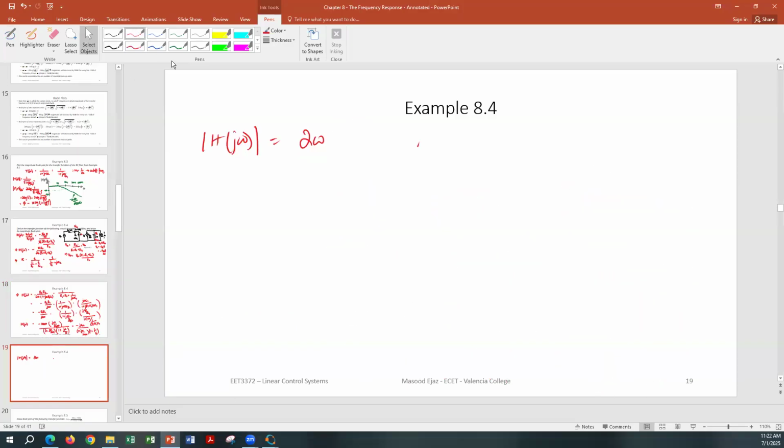So divided by, I'm going to put down the 10 first and then 20,000. So that's the magnitude of H before we apply the 20 log 10, right? Now let's apply 20 log of 10. That is the Bode plot.